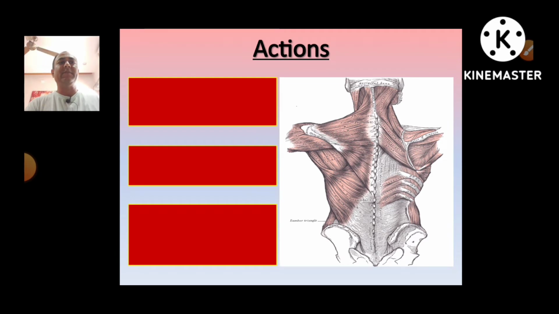The actions of the trapezius: first of all, the upper fibers cause elevation and upward rotation of the shoulder. Then the middle fibers bring about adduction or retraction of the scapula, like this.